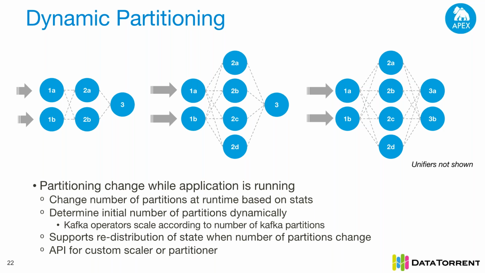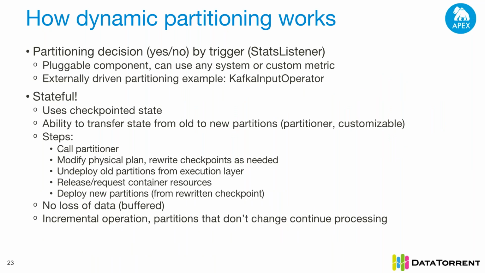For example, we have a Kafka input operator, which increases the number of partitions based on the increase in partitions in the Kafka broker. As the Kafka partitions are increased, your Kafka input operator can automatically scale without any issues. Dynamic partitioning also supports redistribution of the state, and you can provide your own custom partitioner for doing dynamic partitioning.